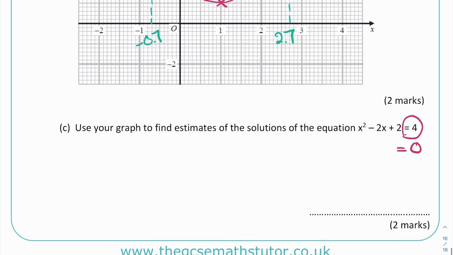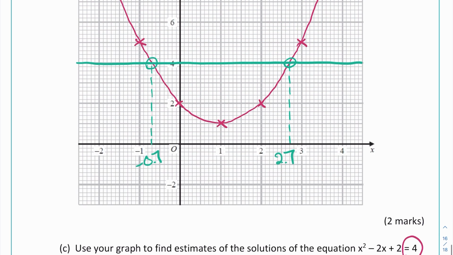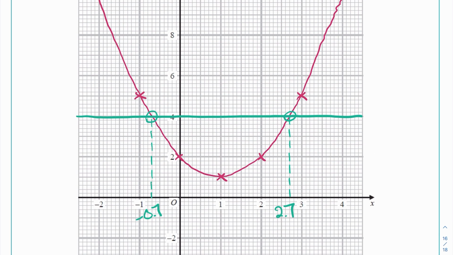So where the lines cross, I've got one solution where x is equal to 2.7, and I have another one where x is equal to negative 0.7. And there we go, that's finding solutions when it's not equal to 0, just drawing a line through whichever line it's asking us to. So in this case, it was y equals 4.